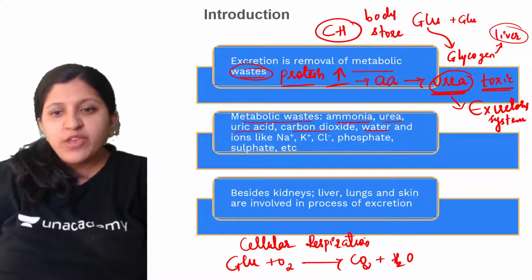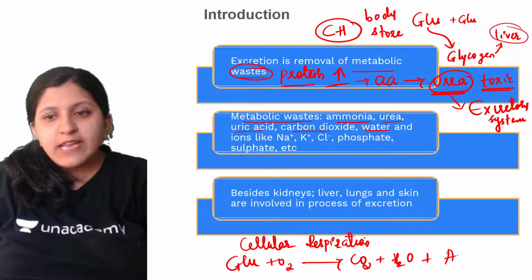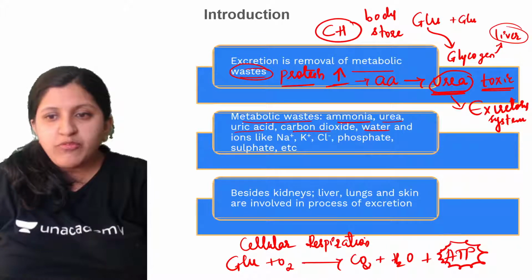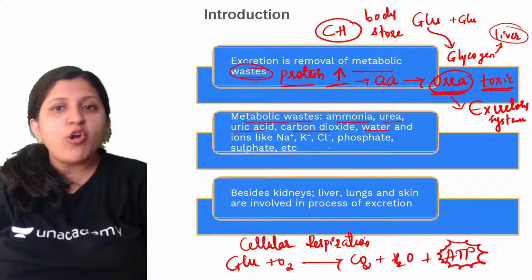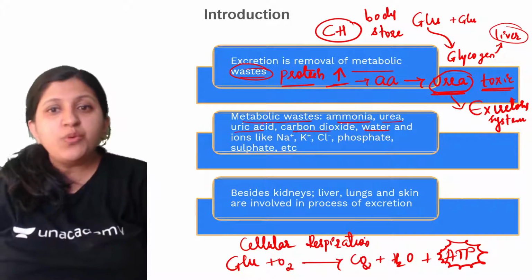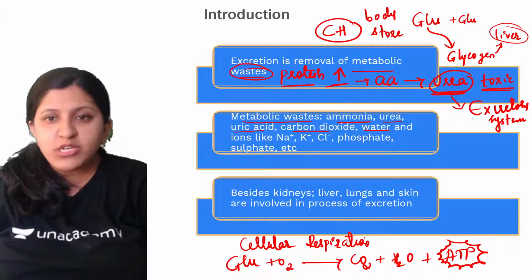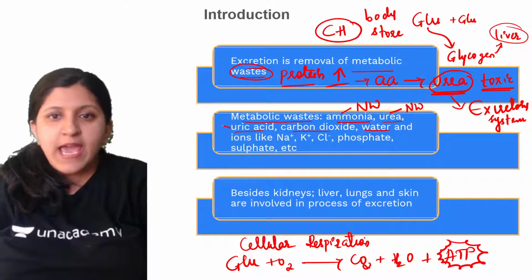Okay, so here we have carbon dioxide, water, and then the energy which is produced, that is ATP. This is the one which is required by our body. Now we were talking about the waste here. Uric acid, ammonia, and urea are the three nitrogenous wastes.